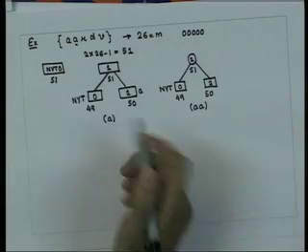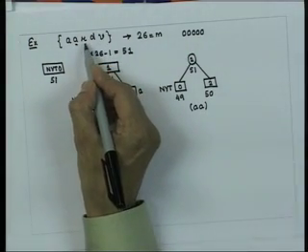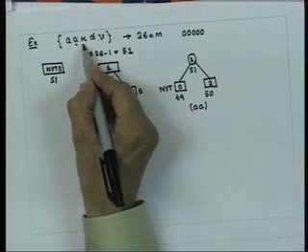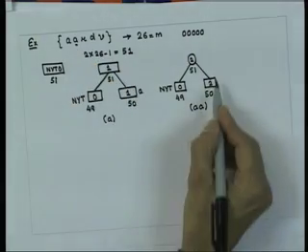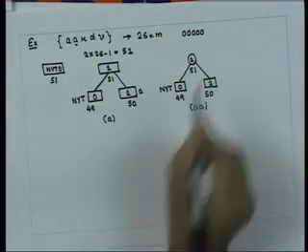Now, the next letter to be transmitted is R. This letter does not have a corresponding node on the tree.